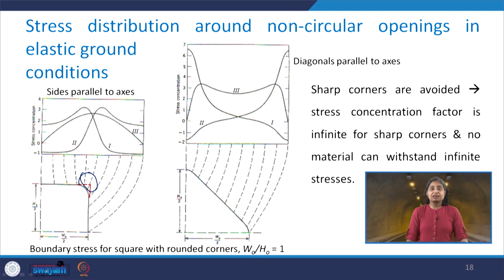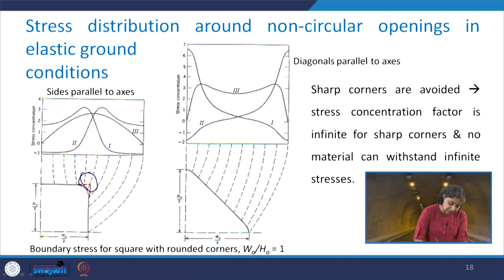The reason being that the stress concentration factor at such sharp corners becomes infinite, and it is impossible that any material can withstand that kind of infinite or huge stresses. That is why, to do away with such a situation, the corners of the opening are made a little rounded like this. This is what is needed, not this. This is not correct. This type of sharp corners are not used, not adopted.